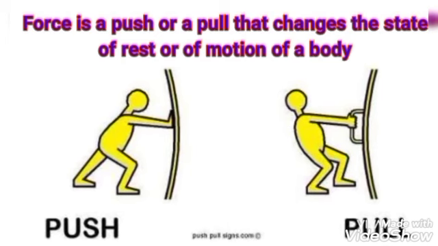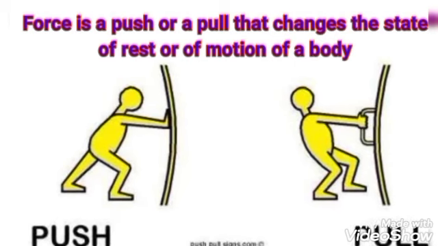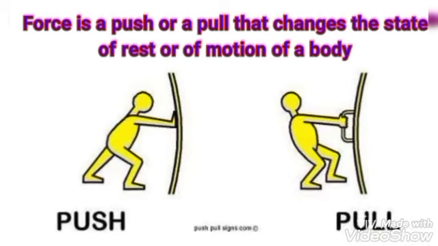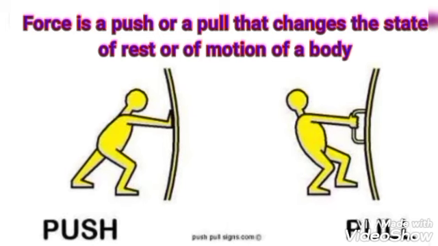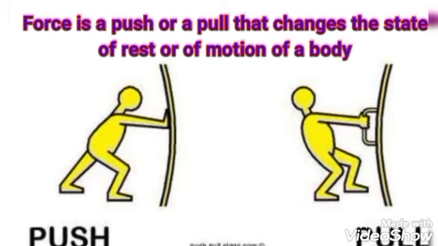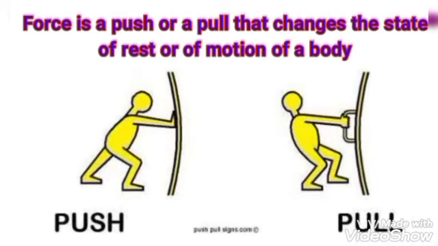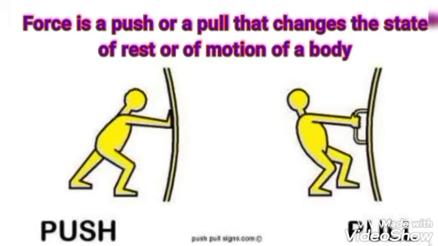Force is a push or pull that can change the state of rest or can change the motion of a body. But the force must be unbalanced. The force must be unbalanced, then only the state of rest or motion of a body can change. Okay, so hope you understand all.